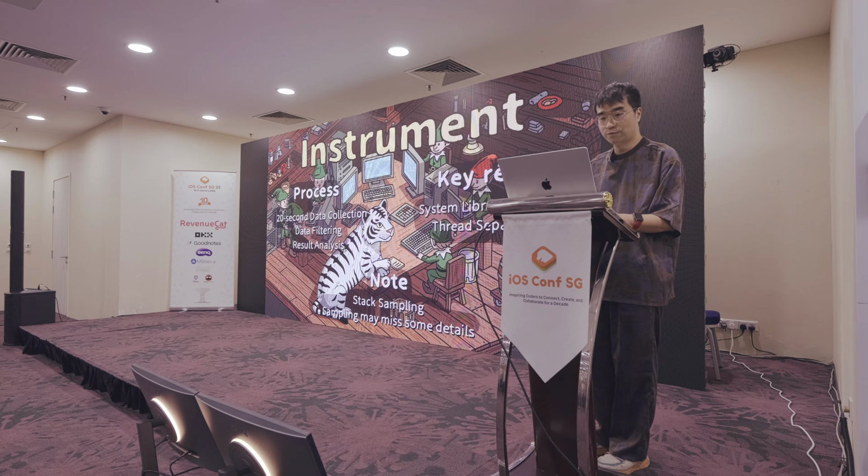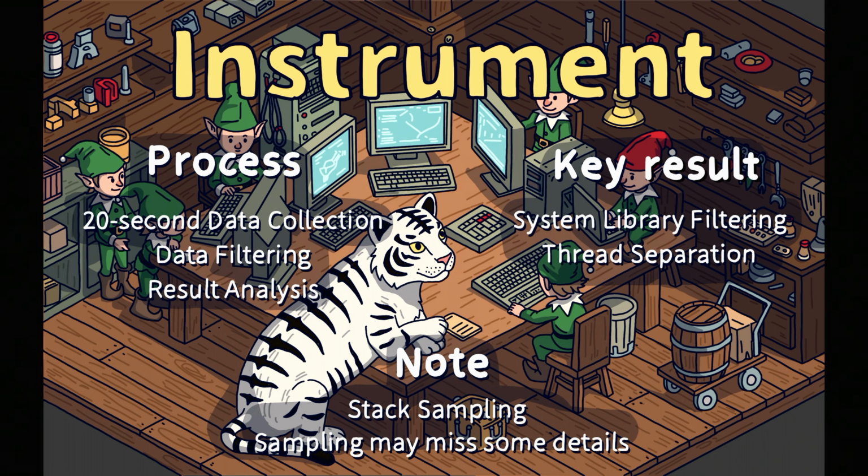To get better results, it's important to filter out system library data and track time usage per thread. Instruments can do this by setting up the call tree to filter system libraries and view data by thread. Keep in mind that Instruments collects data through periodic sampling, so it may miss some details.